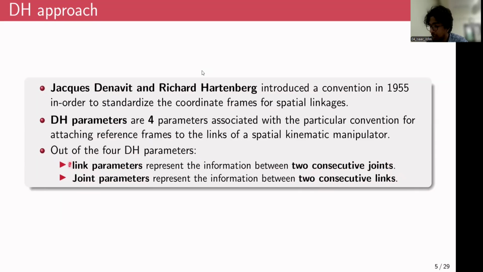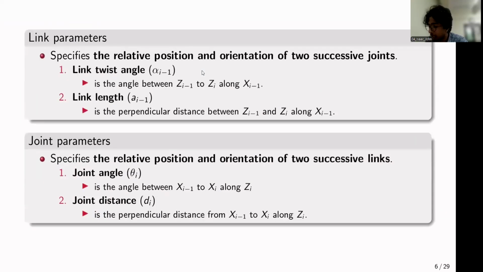For the time being, we leave it at this: link parameters to convey joint information and joint parameters to convey link information. Now, let's look into the specifics of the DH parameters, what the convention says.